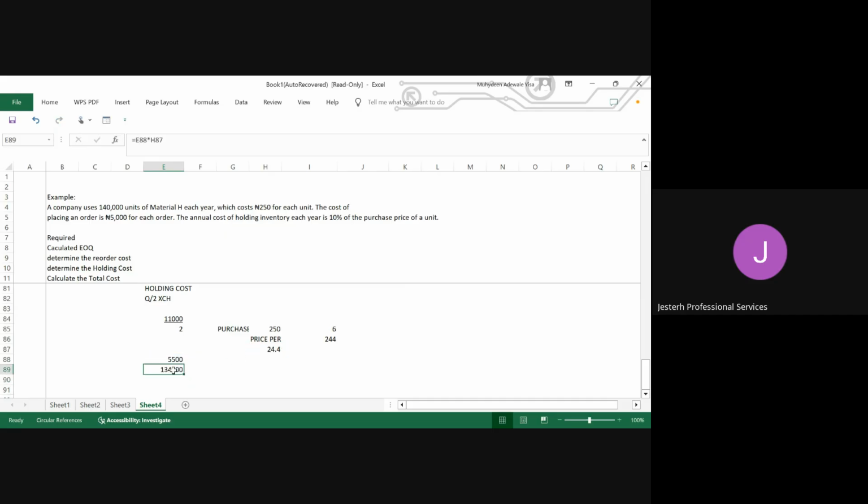So it means our holding cost now is going to be 134,200. Our holding cost has already been affected by the discounts that the organization decided to give out. Now our holding cost reduces.